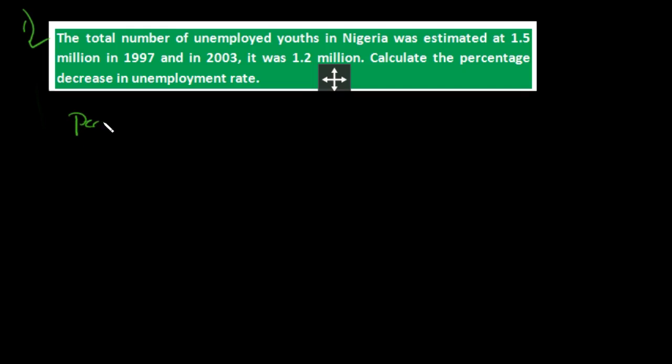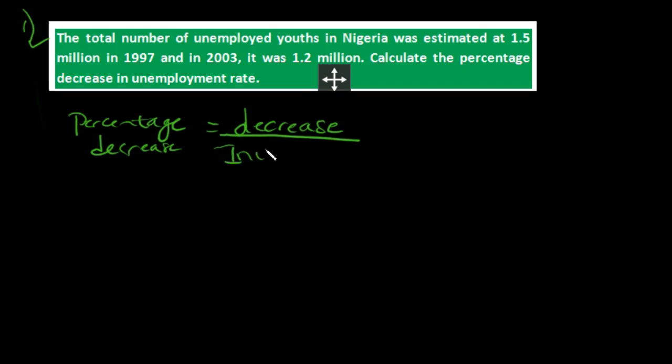Percentage decrease is calculated as decrease over initial value, or you can say original value. Let's use initial value, multiply by 100 over 1. Then how do we calculate decrease?